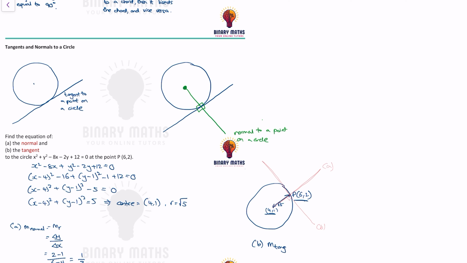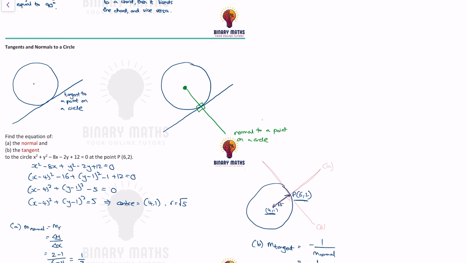gradient of tangent is equal to the negative reciprocal of the gradient of the normal, which is equal to negative 1 over a half, which is equal to negative 2. Now the tangent only goes through the point 6, 2.